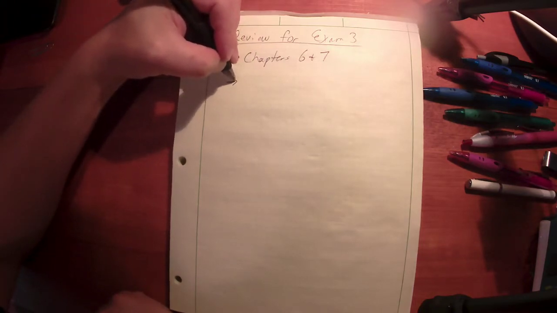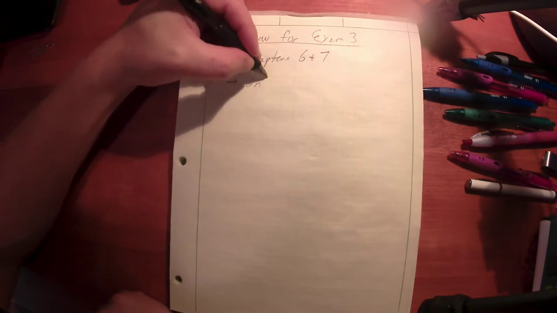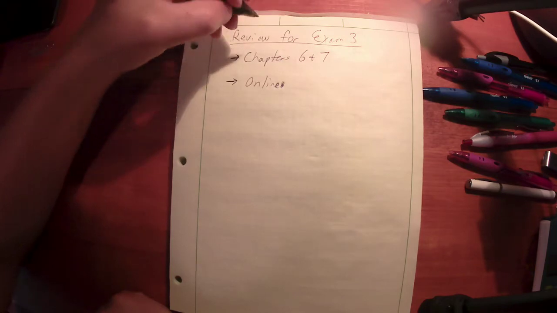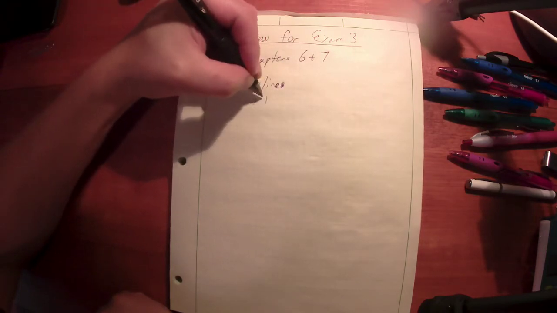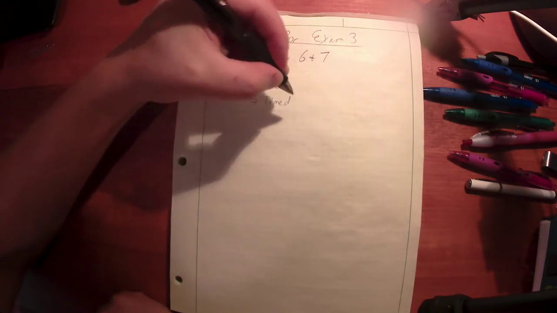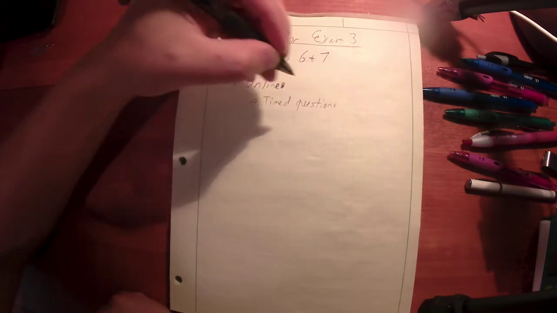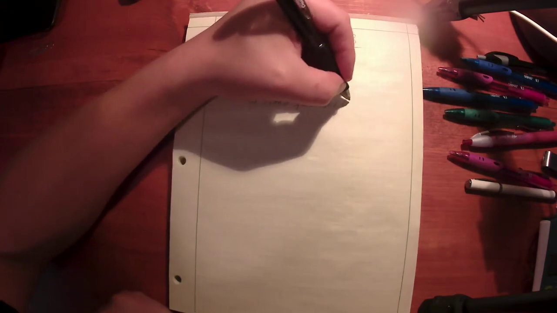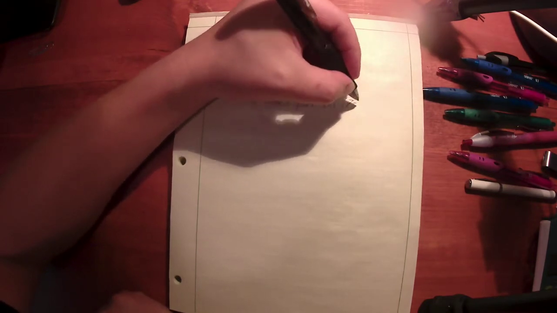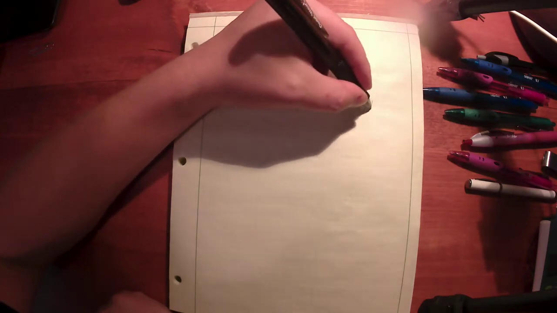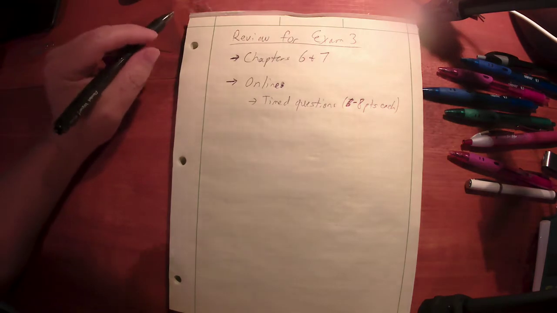It's going to be online, and we'll continue this online this summer, which means there will be timed questions. Those will be anywhere from, let's say, 6 to 8 points each, depending on what I'm asking.